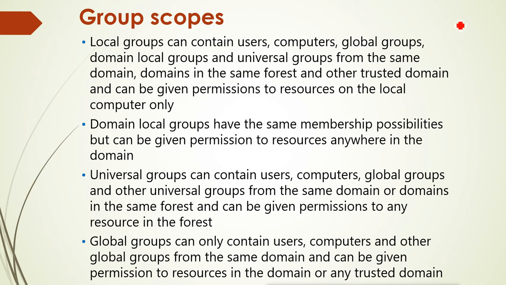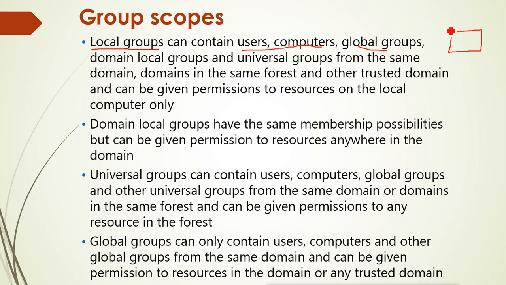Now what that means: we have these local machines, local computers. On them we have local groups, and a local group can have user accounts and computer accounts as members. Then we can make global groups, domain local groups, and universal groups from the same domain and the same forest members, and other trusted domains can be given permission to resources on the local computer.